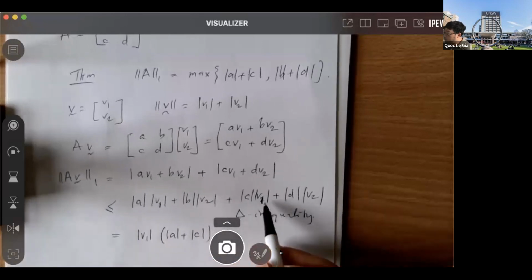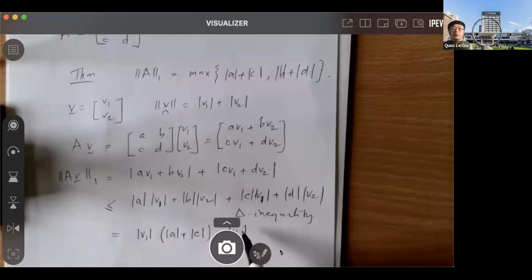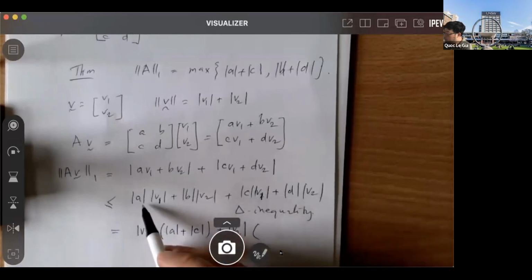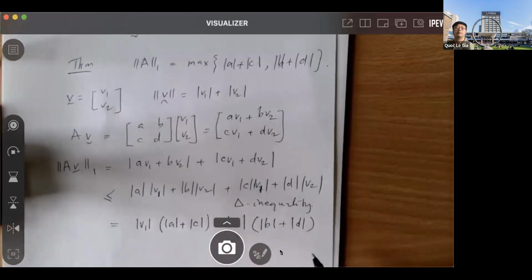And then I do the same with V2: I take V2 as the common term, and then I got the absolute value of B plus the absolute value of D here.